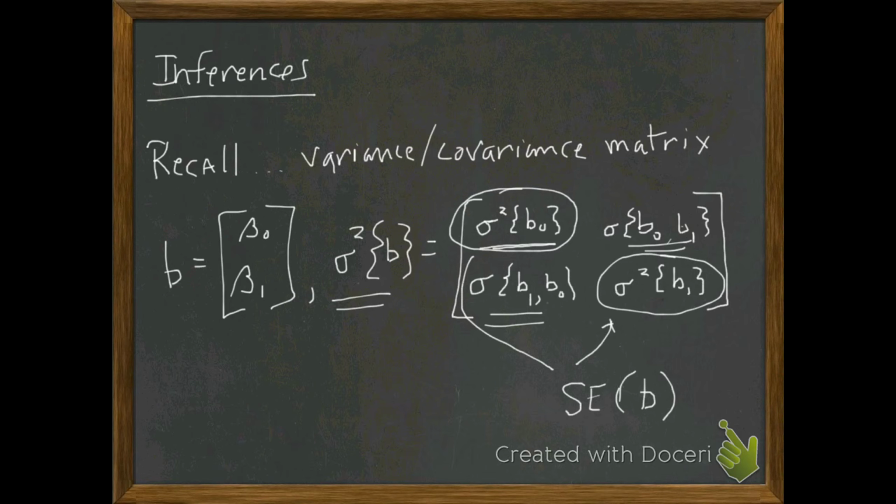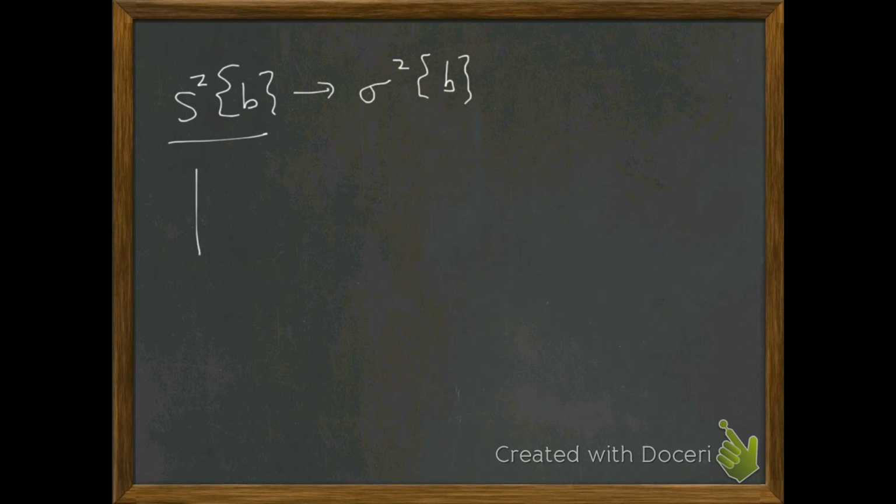miss the problem. So guys, we use S squared beta as an estimate of this, and this right here, as we've seen before, can be found by taking the mean square error times the inverse of x transpose x.